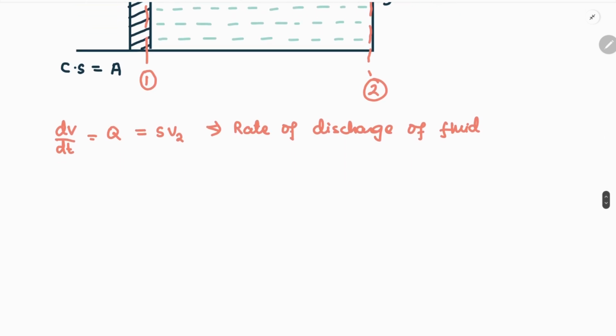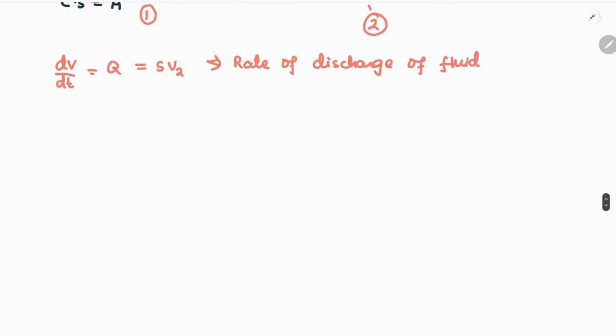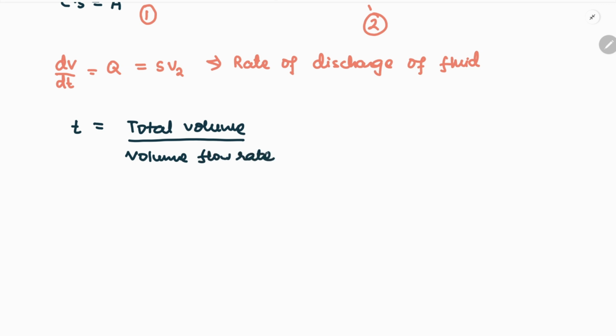So if t is the time in which it happens, then the time taken is equal to total volume divided by volume flow rate, which we can write as V upon S V2, and over here we can also consider that A into X is equal to the volume of the container.